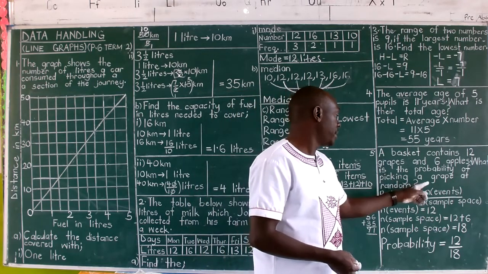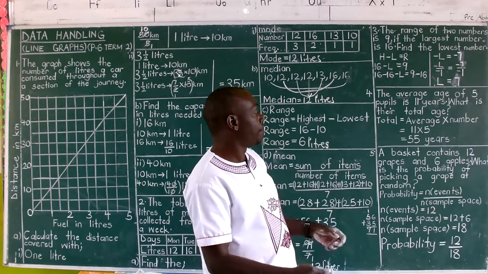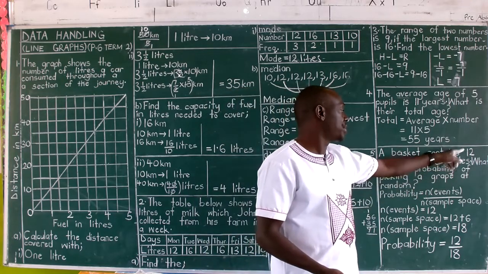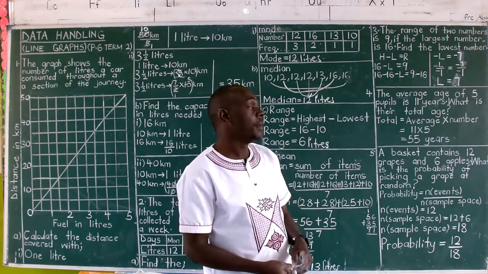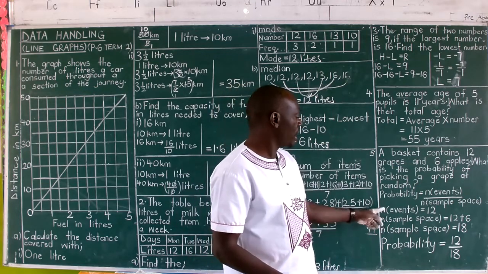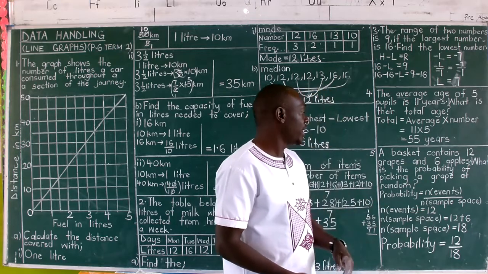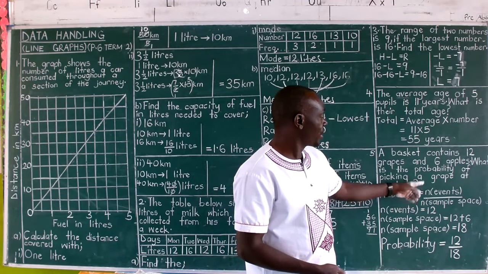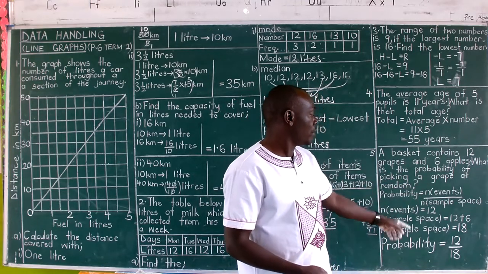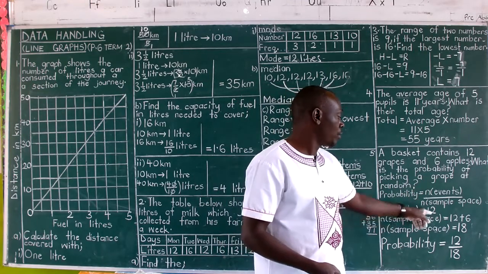The question is, what's the probability of picking a grape? So all the 12 grapes will have a chance to be selected. They make the number of events. That's why the number of events is 12. If they asked for the other type of fruit, which is an apple, you would use 6.